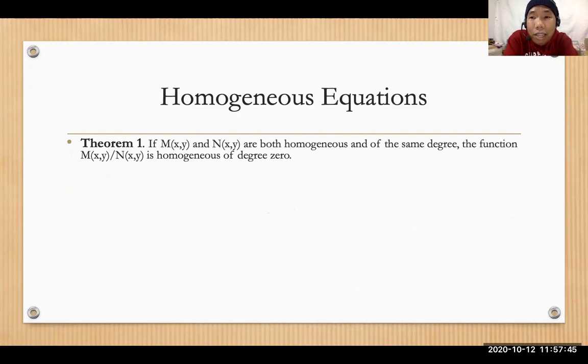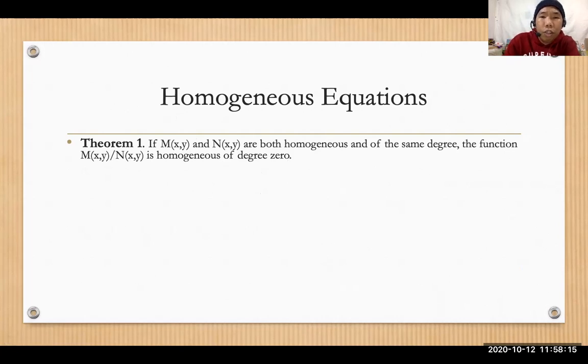So a very clear theorem. Since they are both of the same degree, if you put them in a ratio, M over N, then you can cancel out their lambdas when checking its homogeneity. So the degree of that lambda, if it's canceled in the ratio, is 0.